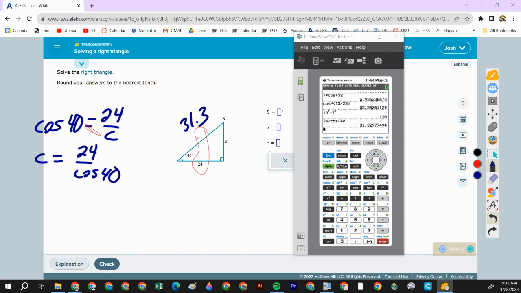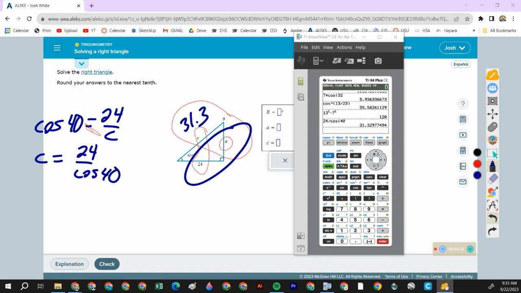All right. How am I going to find A? I have 3 options. I could use the Pythagorean theorem: 24 squared plus A squared equals 31.3 squared. Or, what trig ratio would use those two sides? That'd be the tangent, or sorry, the sine. Or I could do those two, and use the tangent ratio.